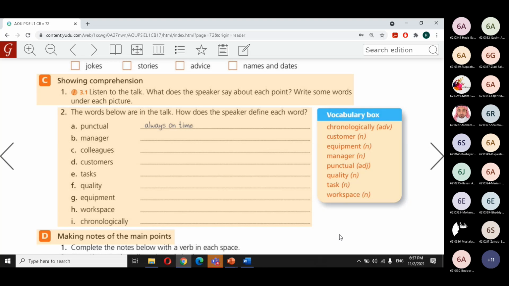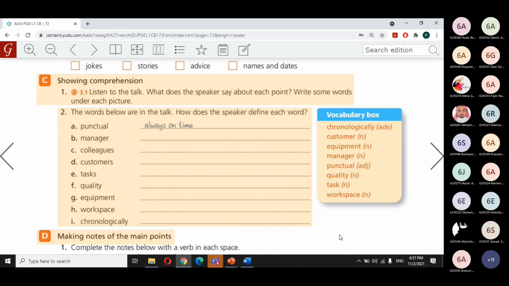What did he say about punctual? He said always on time. How did he explain the word manager? What did he say? The meaning of manager. What did he say? The meaning of colleagues, customers, tasks, quality, equipment, workspace, chronologically. Okay?